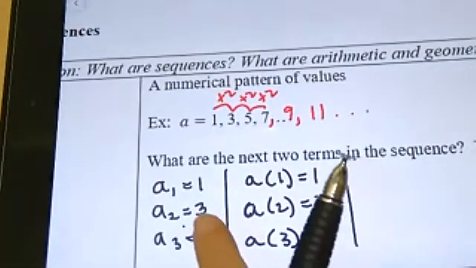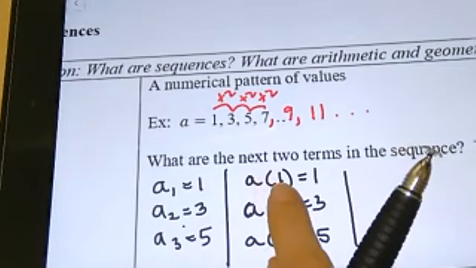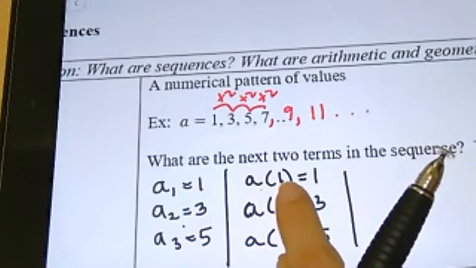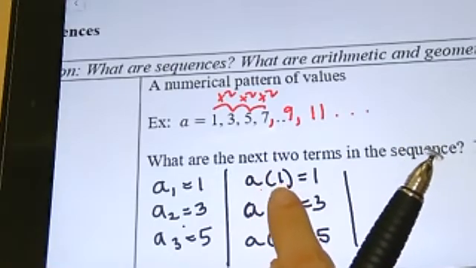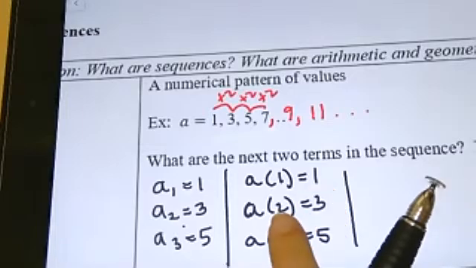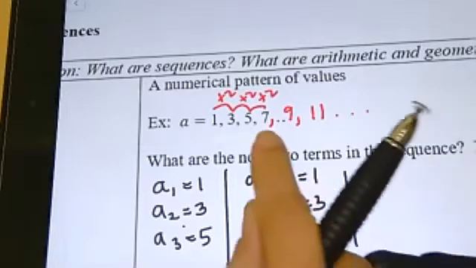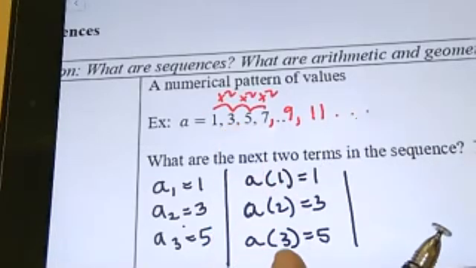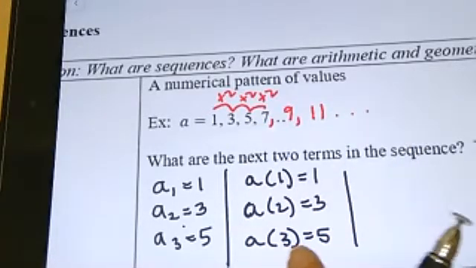So just know that you might see the notation either way. This is function notation. The number in the parentheses is the term number, and then this number over here is the value of the term. So term number 2 has a value of 3 right here. Term number 3 has a value of 5. So this is the actual term number, and this is what is the value of that term.